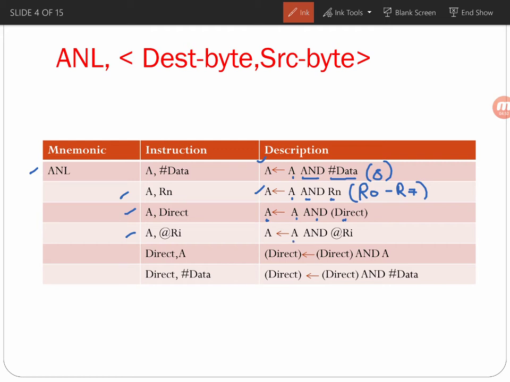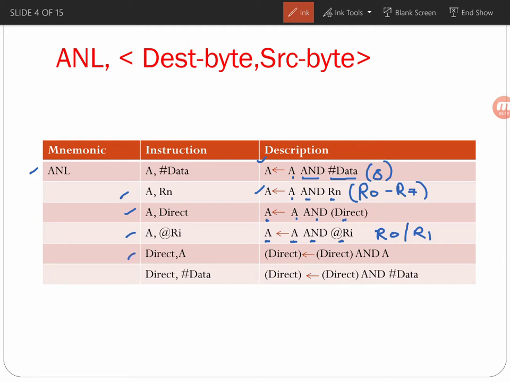The content of the accumulator register is ANDed with the data pointed to by Ri. Here Ri may be either the R0 register or the R1 register. So the content of the accumulator is ANDed with the data byte pointed to by the R0 register, and the result is stored in the accumulator register.